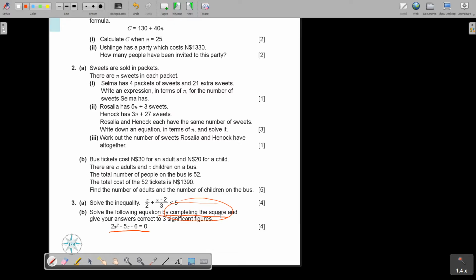Okay, still searching. Okay, it's on page 145 in the textbook, on page 145 and 146. So page 145 and page 146, you will see this method.